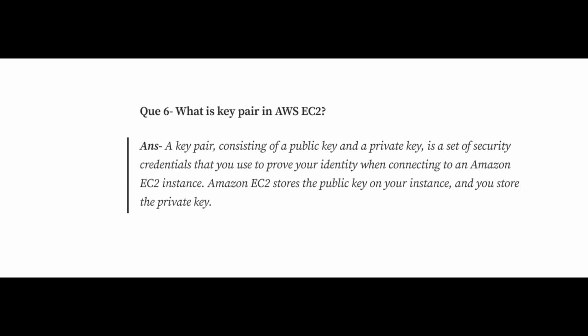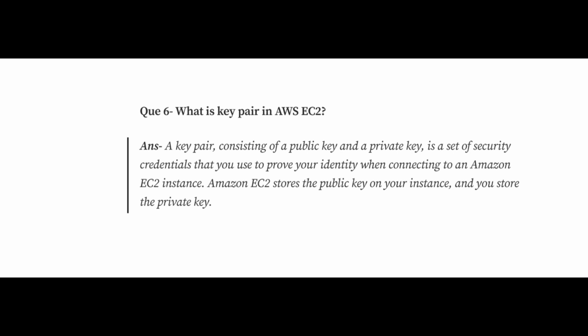Coming on a lighter note, when we talk about key pairs, suppose you have a locker in a bank. When you want to access the locker, you go to the bank with your key, and another key is with the bank officials.